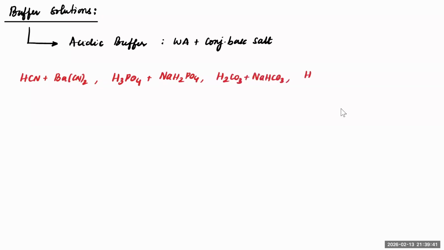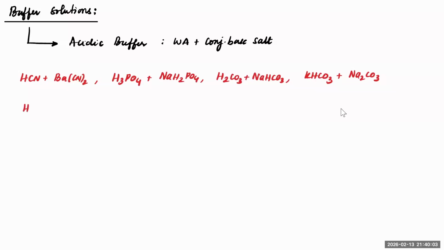Or I have KHCO3 and I have Na2CO3. This is also a buffer because HCO3 minus can be considered as a weak acid and CO3 2 minus can be considered as a conjugate base. So again, this is also an acidic buffer.